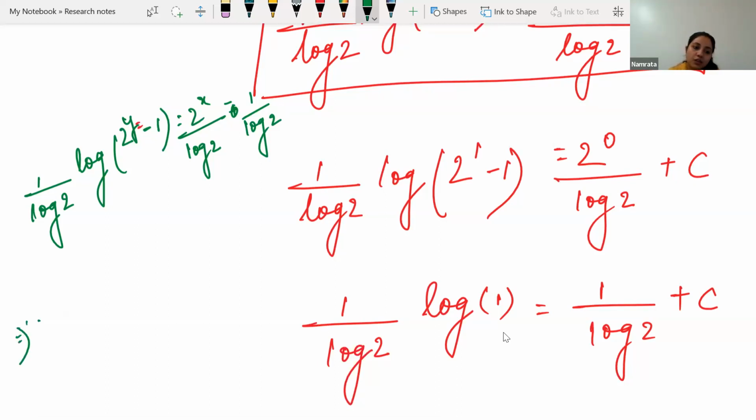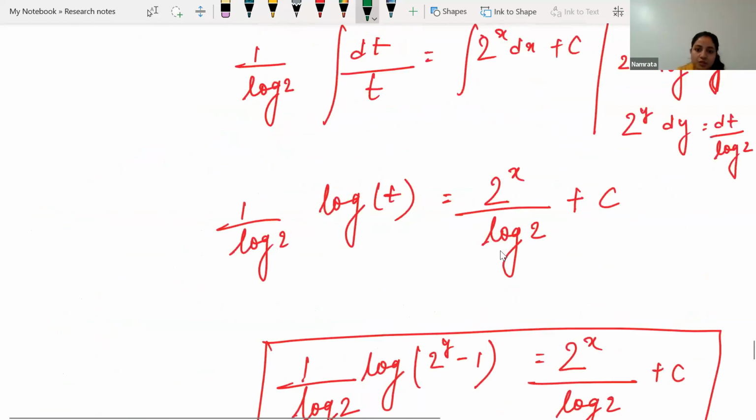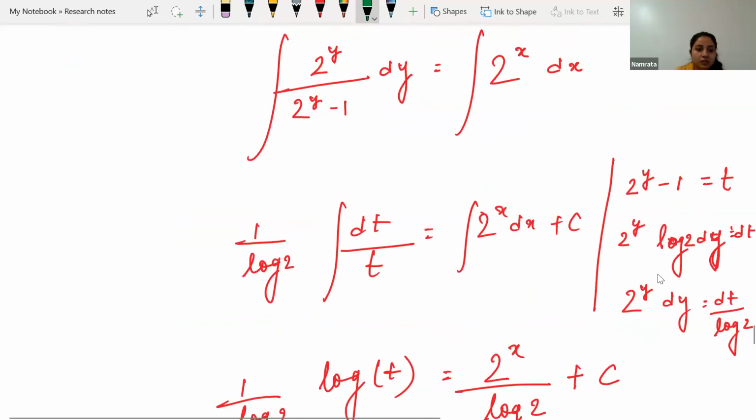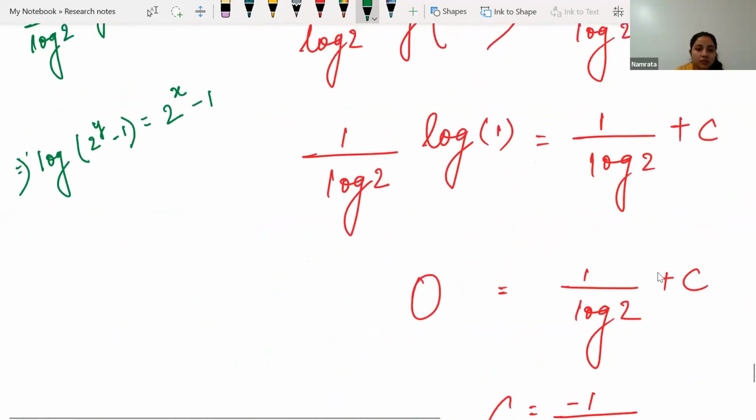So we are left with log of (2 to the power y minus 1) is equals to 2 to the power x minus 1. Let me see what options are given over here.